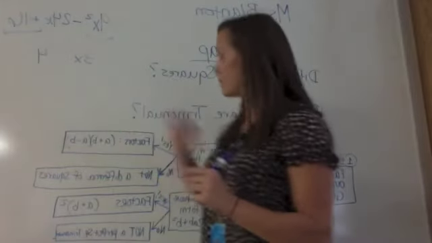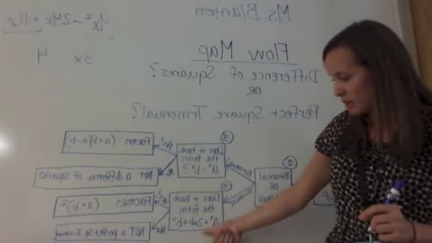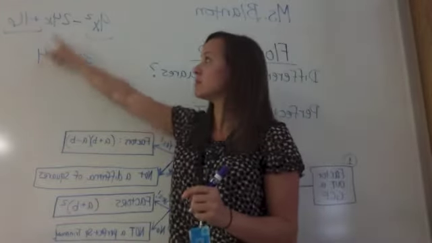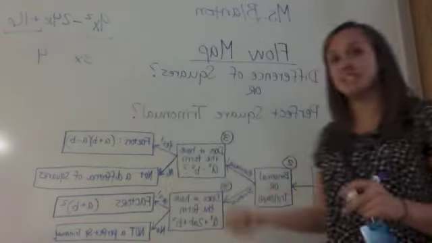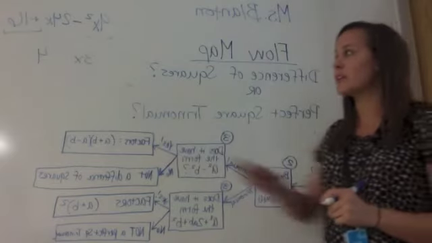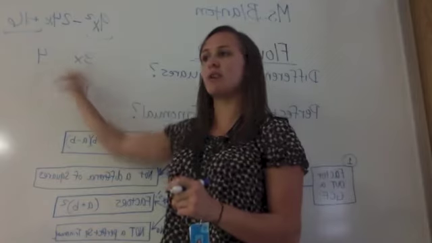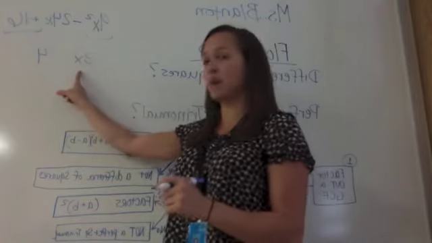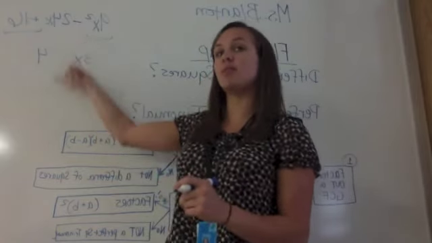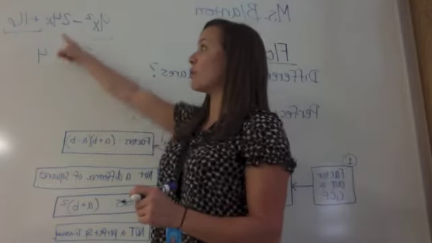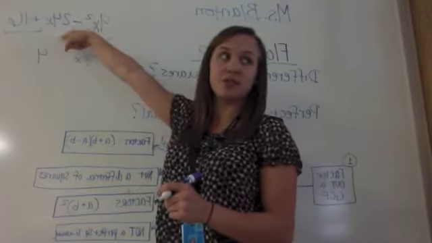Now, the formula said if the middle term is double your a times your b, then it does fit this form. So here's our a, here's your b. When you multiply them together, what do you get? 12x. When you double that, what do you get? 24x. Now, this one has a negative 24x.